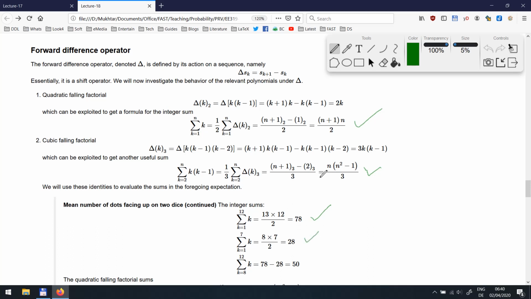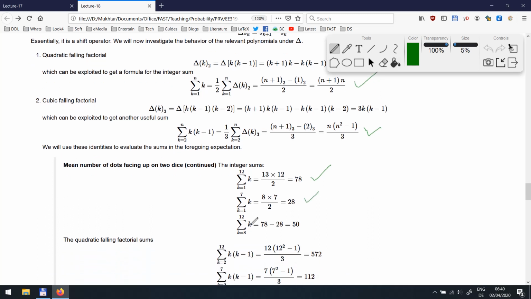But if I want a sum from 8 to 12, not from 1 to 12, nor from 1 to 7, I can simply subtract this one from that one. Why? If I start from 1 to 12 and then I subtract from that a sum from 1 to 7, 1 to 7 will disappear and you will only be left with 8 to 12. So I just subtract this 28 from that 78 and I am done.